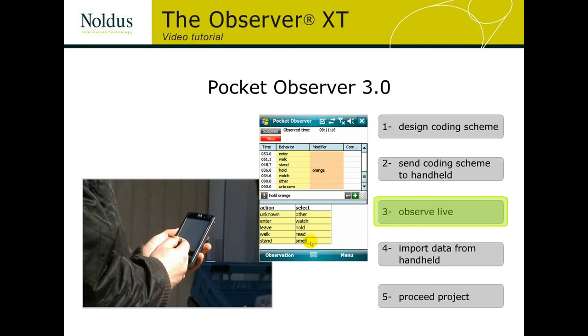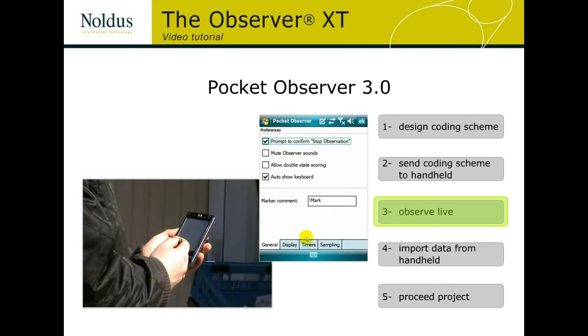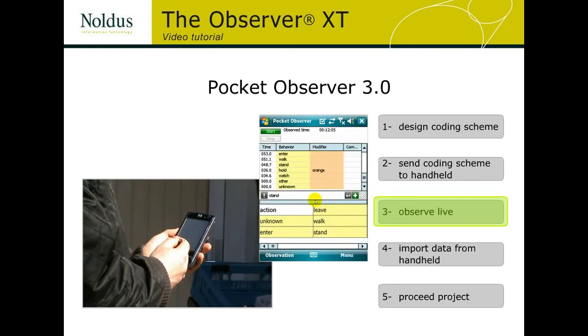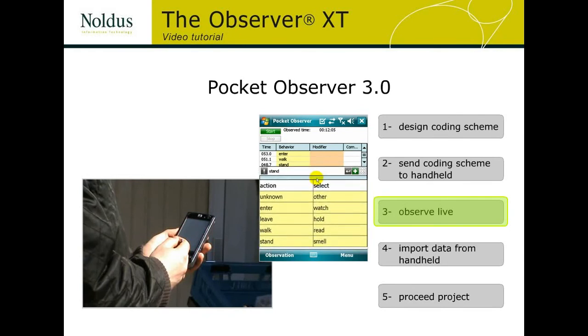For easier reading, so more reliable coding, you can enlarge the font sizes. Tap Menu and then Preferences, and open the Display tab. You can drag the blue bar to change the size of the codes area.